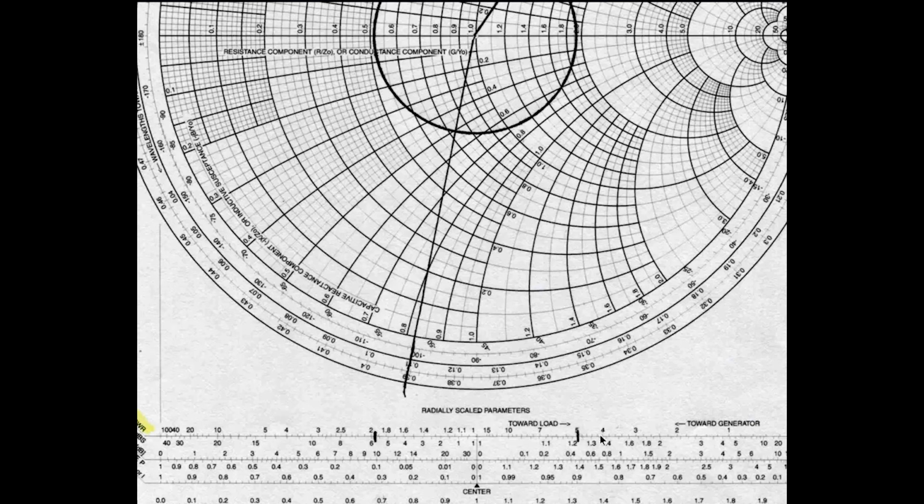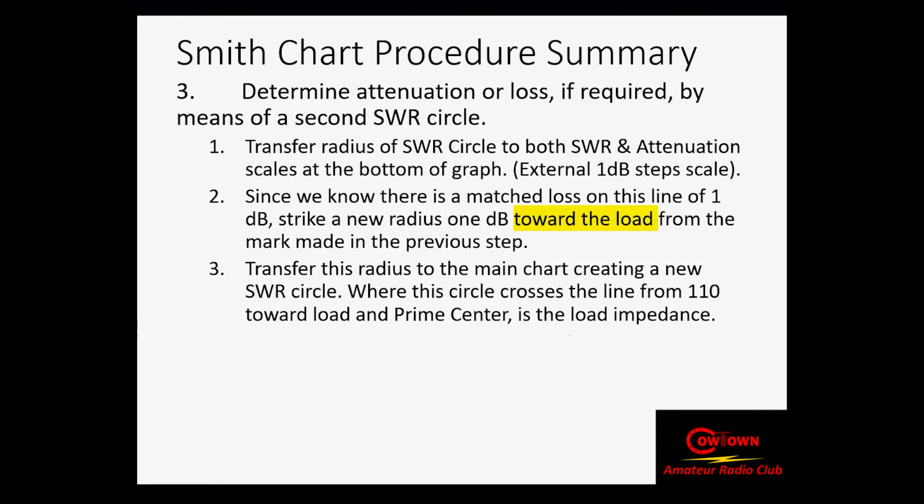So between 5 and 4 is 1 dB, between 5 and 7 is 2 dB, so there'd be 6 right about there. Since we know there's a matched loss on this line of 1 dB, we strike a new radius 1 dB toward the load from the mark made in this previous step.